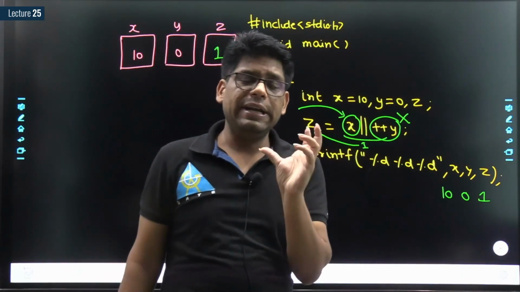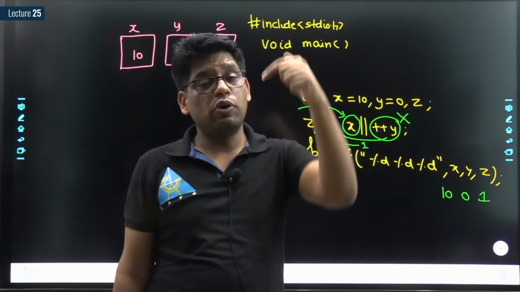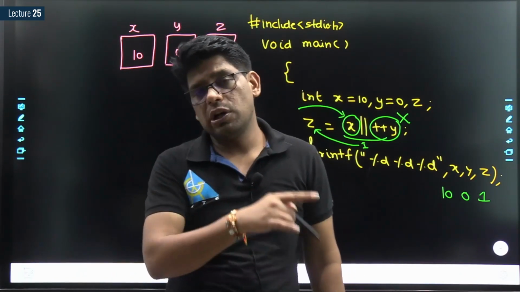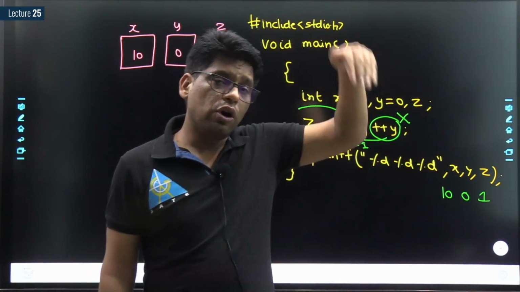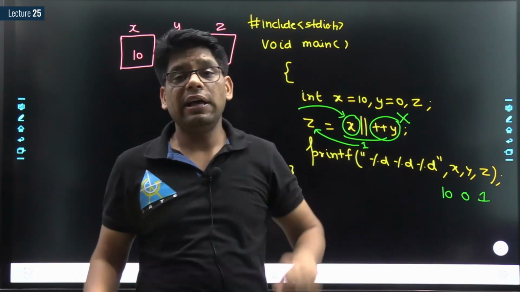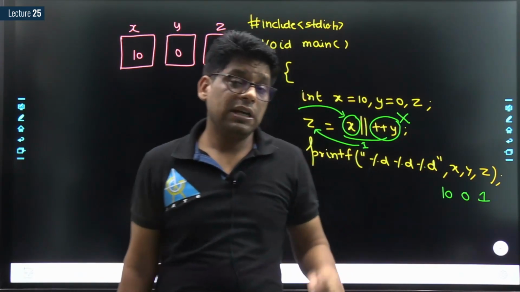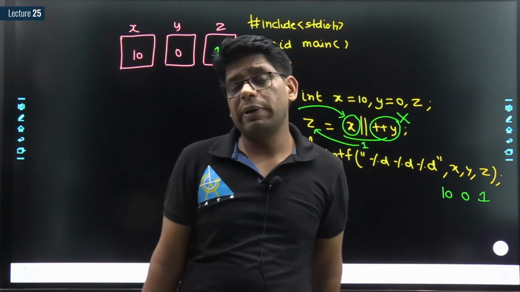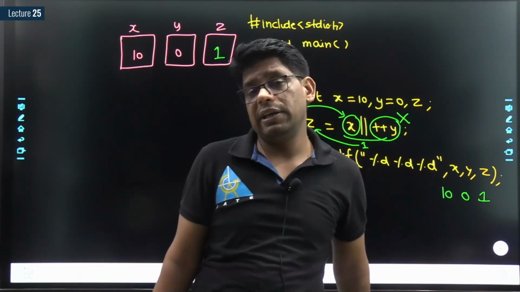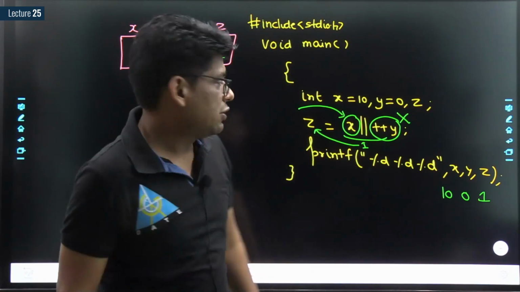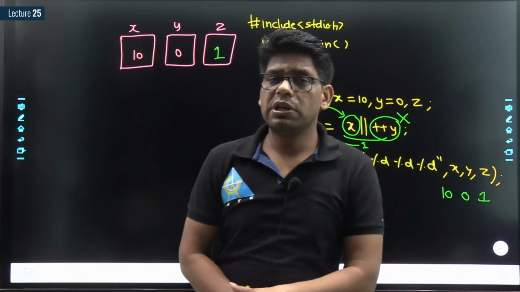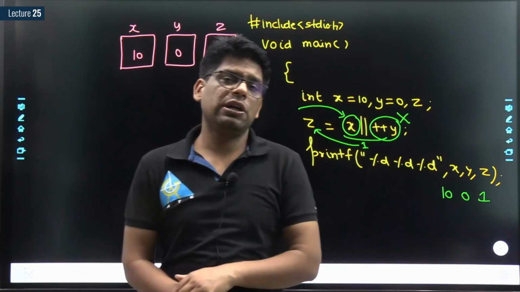So the short circuit property depends upon the value of the first operand. So that's all about the short circuit evaluation for logical AND and logical OR.